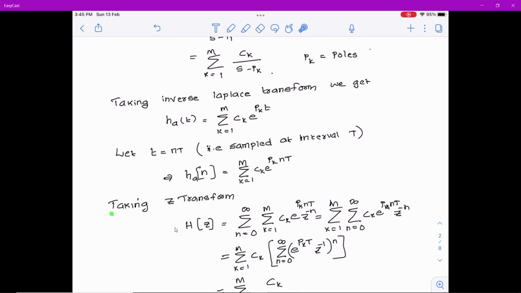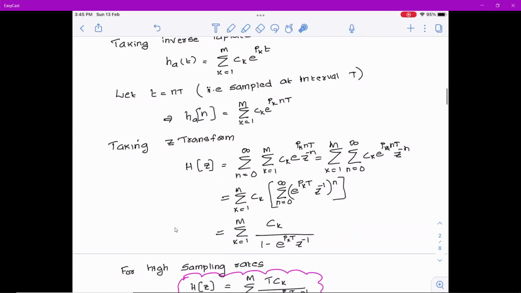Now when you take the Z transform, H of z, we are going to take the Z transform of this, the sum over n equal to 0 to infinity of h a of n, which is this, times z raised to minus n.